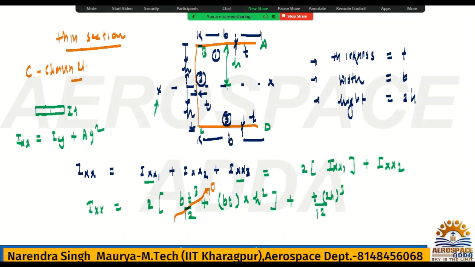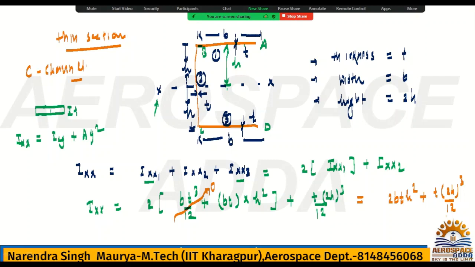So the moment of inertia for this C channel is 2 times b t h square plus t times 2h cube by 12. This is the moment of inertia for the thin section.